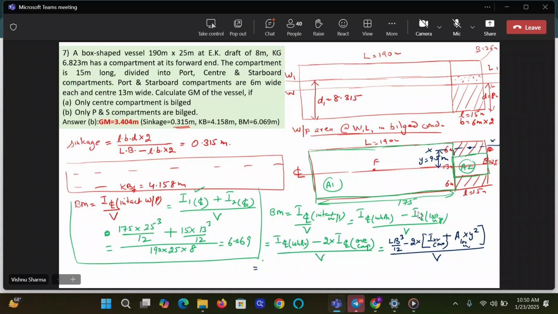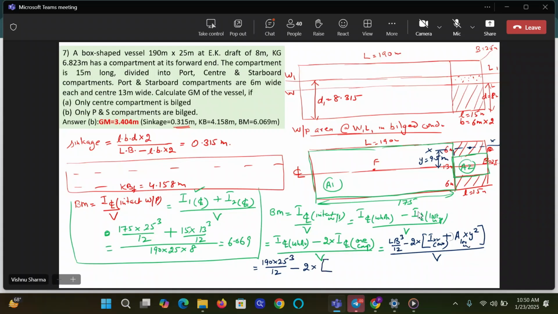Now it will be 190 into 25 cube by 12 minus, please remember, it's plus here. So if you multiply, either you solve the bracket first, that will be easier. So use the calculator carefully, guys.